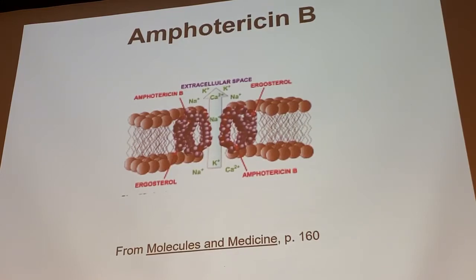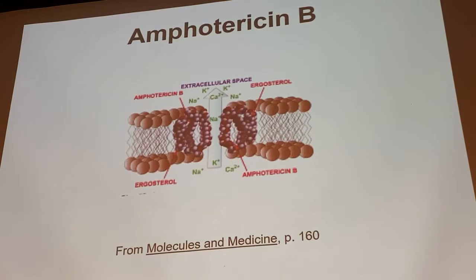And so you're going to have stabilizing non-covalent forces between two amphotericin molecules at those polar faces. Okay? And then the other face of that second molecule is going to have van der Waals forces attracting it to another molecule of ergosterol.